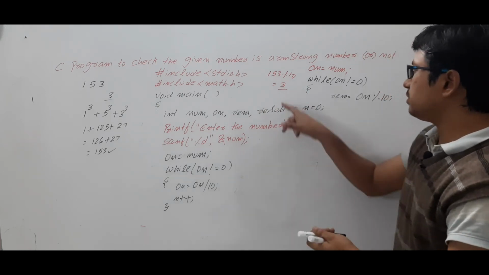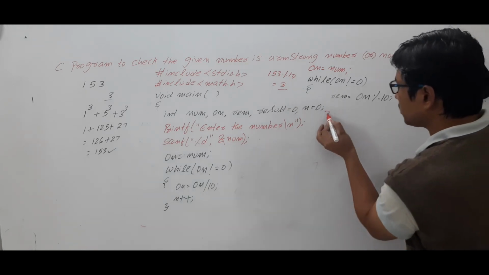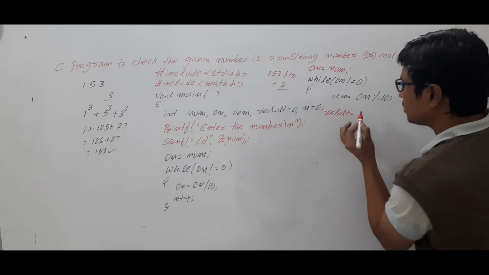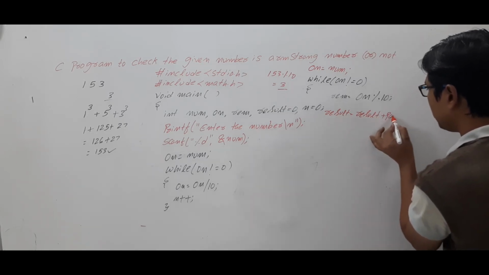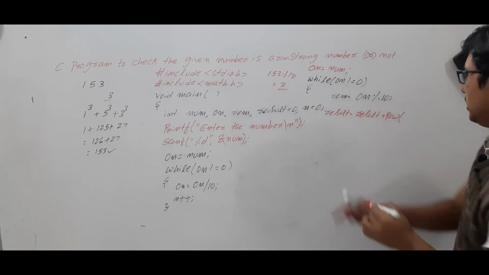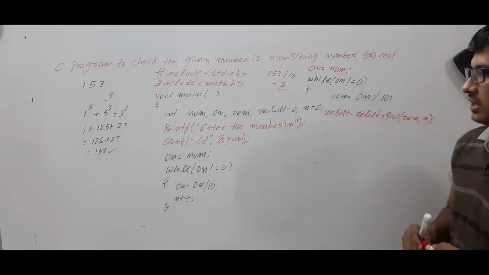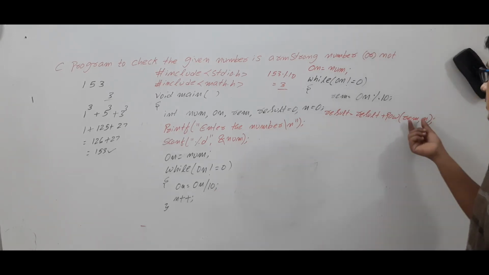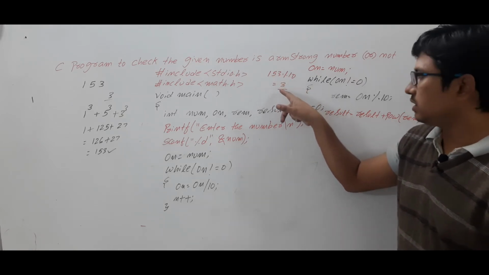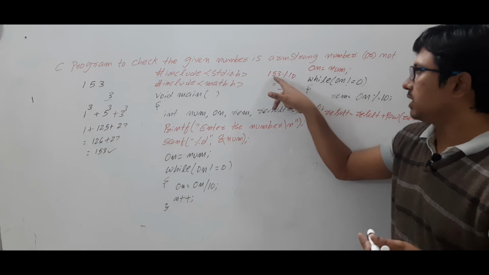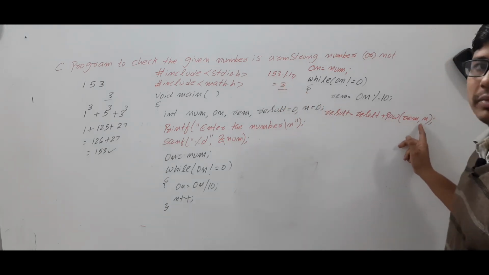Now what you need to do is take the statement result is equal to result plus power of remainder comma n, where this n is the number of digits. Once you got the 3, you need to compute 3 power 3, because the number of digits is 3. So that's why I am doing power of remainder comma n.